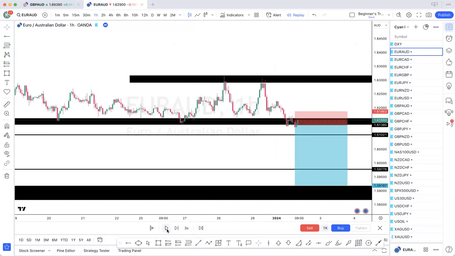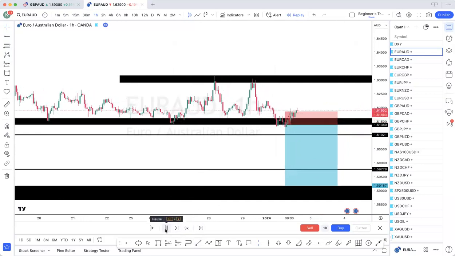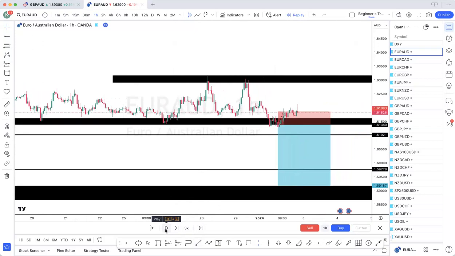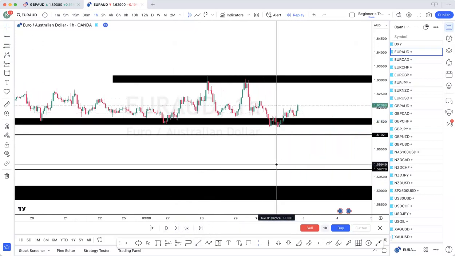Okay, let me do it this way. Okay, it stopped us out. So that would have been a lost trade, or if you hedged, or if you did it in your personal account and hedged it.